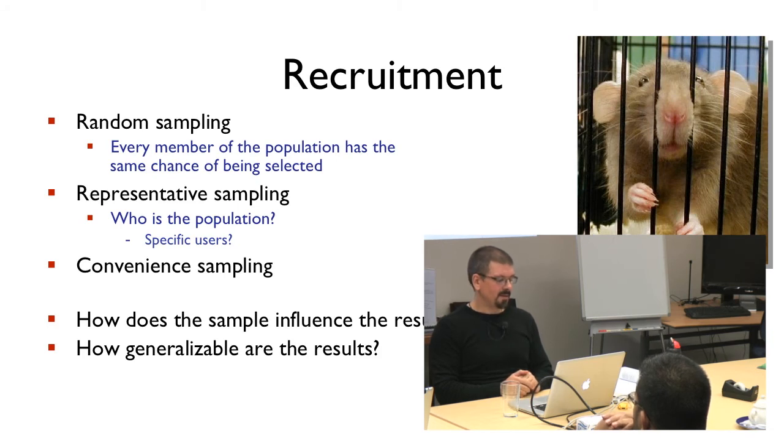Representative sampling would mean you specify your target population, certain kinds of users, experts, novices, preschoolers, psychology students, human interface technology students, whatever. So you define your ideal population, and then recruit your sample out of this population.